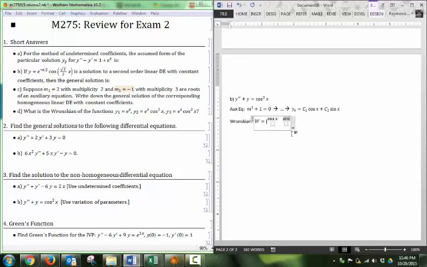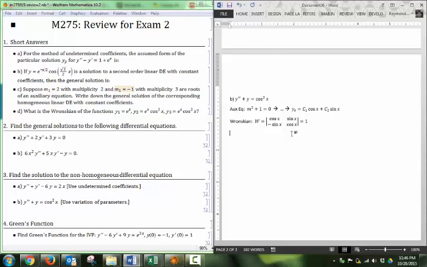My sine is in my next function slot, and then down here the derivative of cosine is negative sine, and then the derivative of sine is positive cosine. And so the determinant of this, we've seen this enough times, we can just say that this is sine squared plus cosine squared. So the Wronskian is 1, it makes it nice and easy for us.